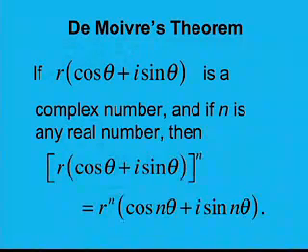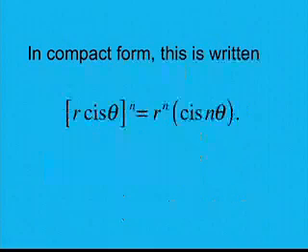Let's start by reviewing De Moivre's Theorem. If r times cosine theta plus i sine theta is a complex number, and if n is any real number, then r cosine theta plus i sine theta, all raised to the power of n, is equal to r to the n times cosine n theta plus i sine n theta.